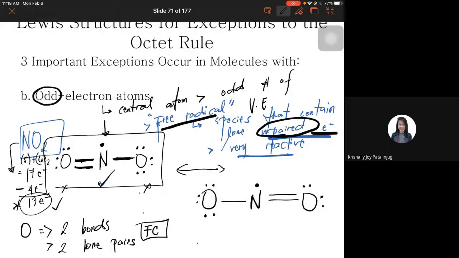Okay? You can start with the first structure. If this is structure 1, then this is structure 2.